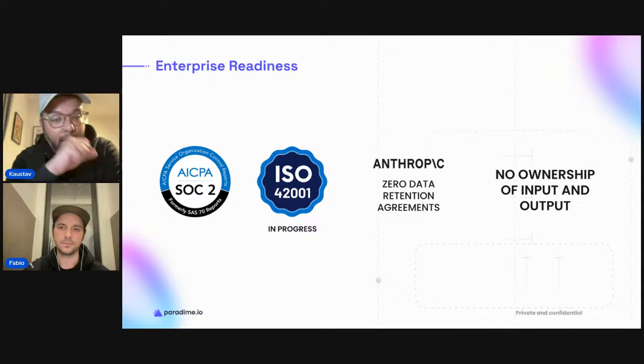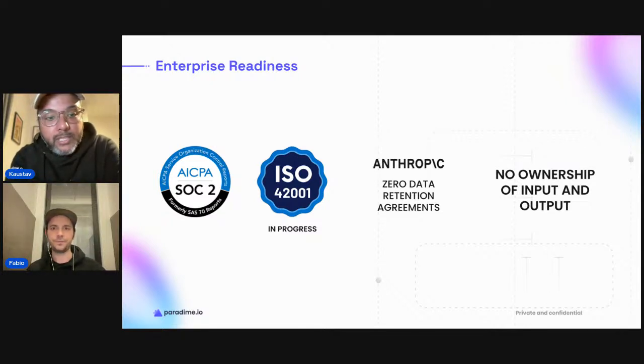We are going through ISO 42001 as well, which is Europe's version of AI management best practices. We have zero data retention agreements already signed with Anthropic, which means none of the stuff that we use DinoAI for is used in any systems or any data retention is in place.